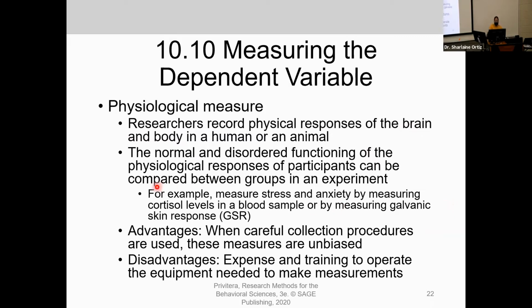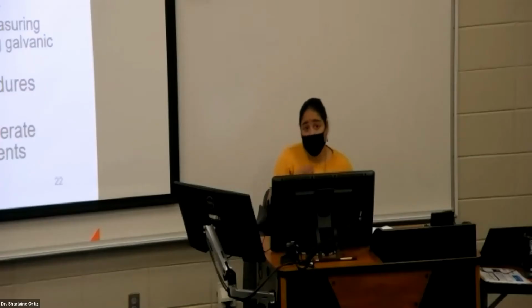Notice that what we're trying to do is measure either the normal processes or the disordered functioning of those physiological responses. So for instance, I'm trying to, say, gather a blood sample, say, with my hypothetical of substance use research participants. Notice that this is indeed beneficial.